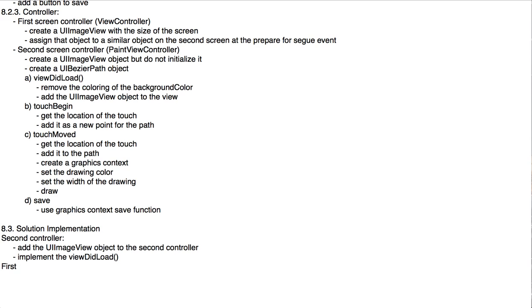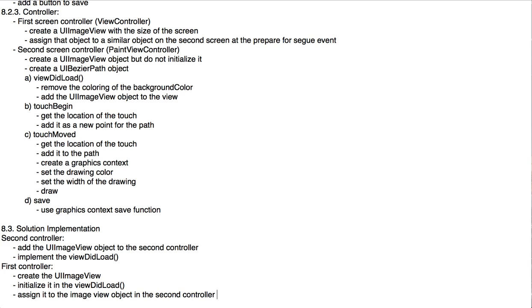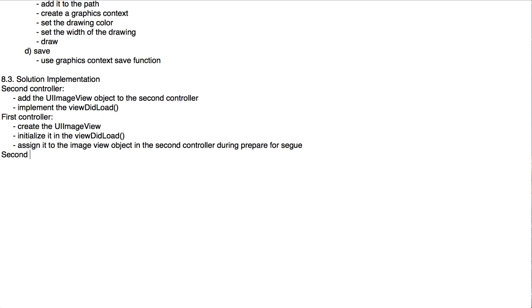Then on the first controller, I need to switch back, create the UIImageView, and initialize it in the view did load, and then copy it or assign it to the image view object in the second controller during the prepare for segue.